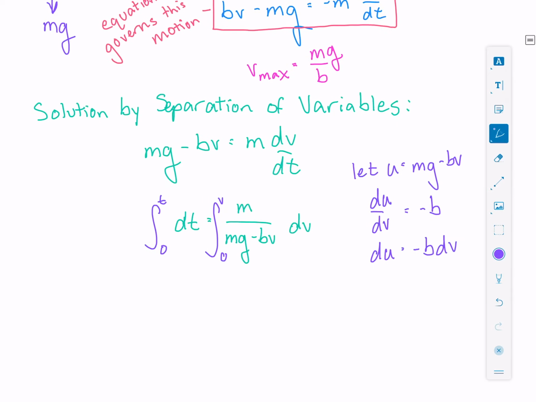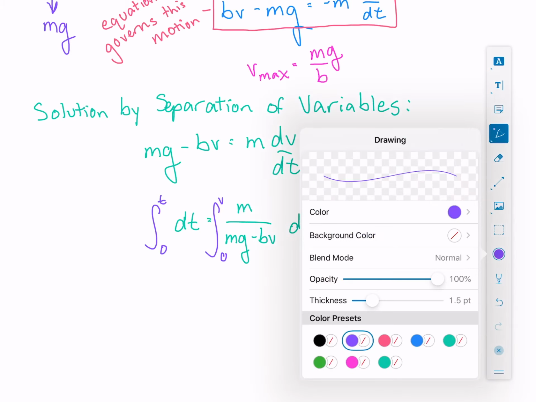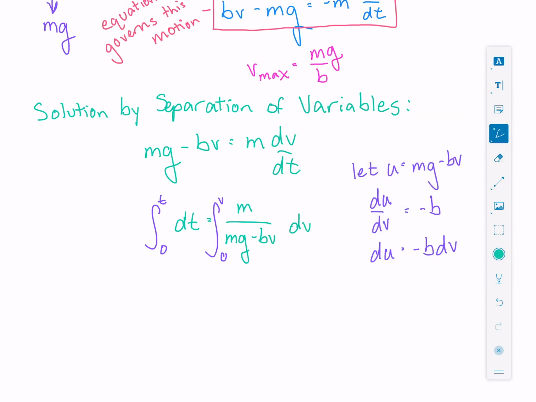So what I end up with, I can pull out the m. Since I have a negative b for my du, I have to put a 1 over negative b outside the integral. So I still have the integral from 0 to t of dt on this side.